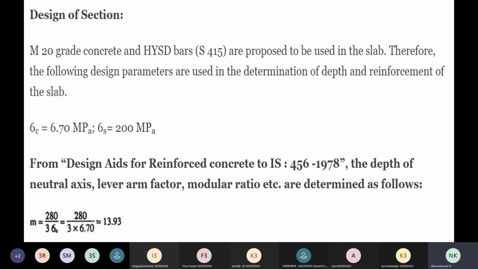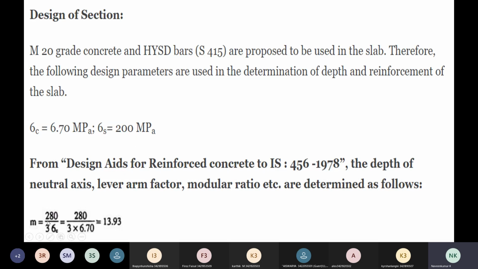Similarly, before going into the design, this is a limit state kind of design, because you use the modular ratios here. These are the design parameters helpful for the design loads. So σc equal to 6.70 megapascal and σs equal to 200 megapascal.